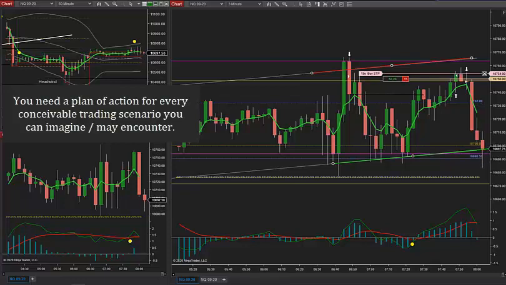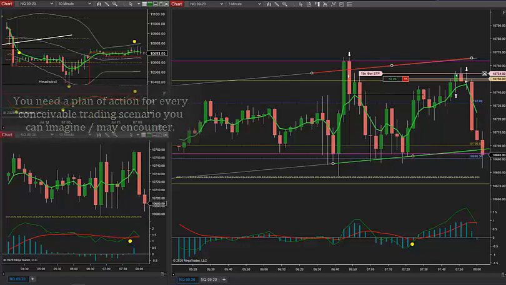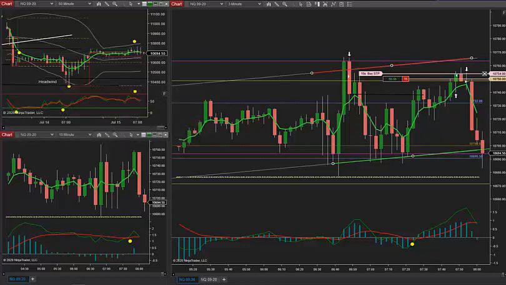But just because things aren't perfect doesn't mean you can't enter a trade if you've taken the time to define a hierarchy. What do I mean by that? I mean, which is going to take precedence? If your main concerns are, I want to enter at the right time, at the right place, with the right stop, and when conditions suggest that I have an edge, what element is going to be the most important?